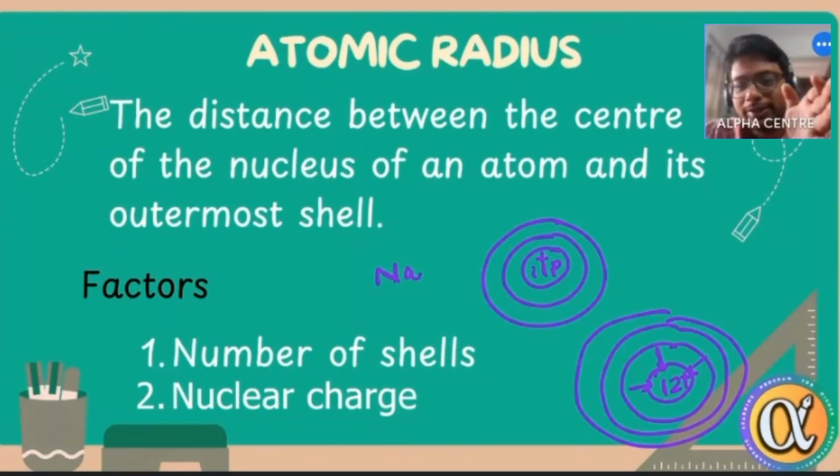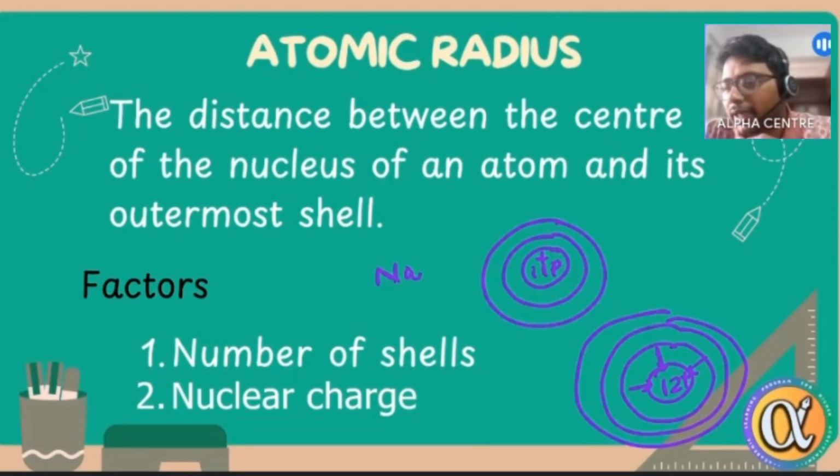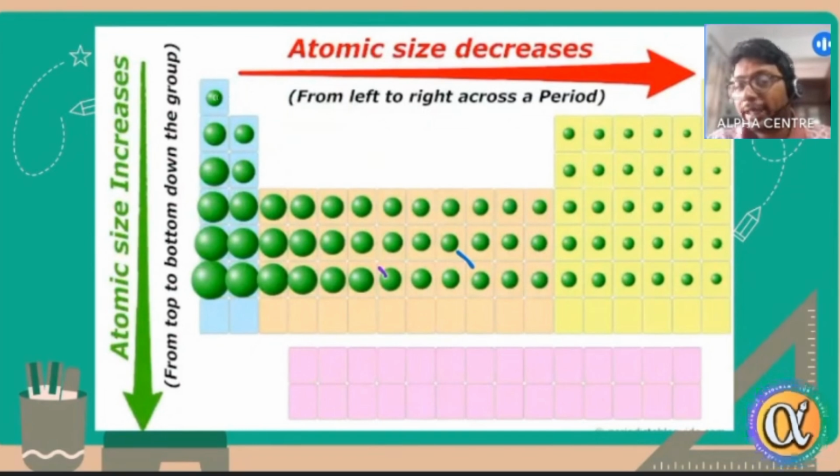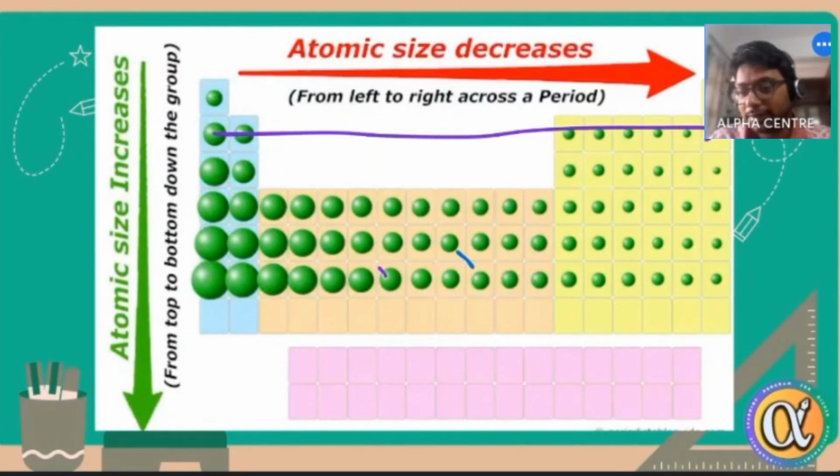You're understanding my point? Yes, sir. This is what is known as nuclear charge. So the greater the nuclear charge, the more the atomic radius decreases. That means when you go from left to right in any period, atomic size reduces and does not increase.